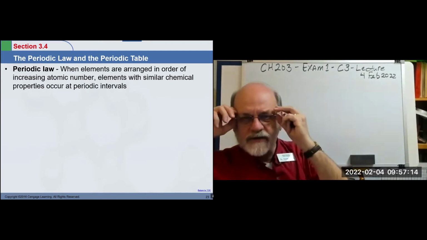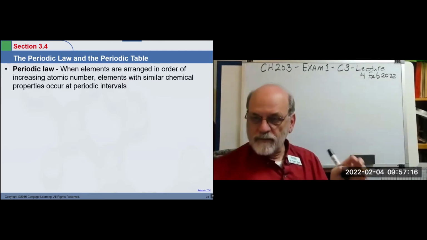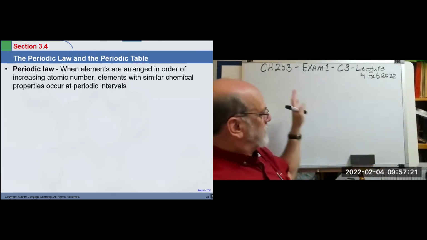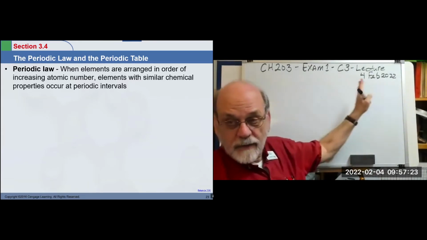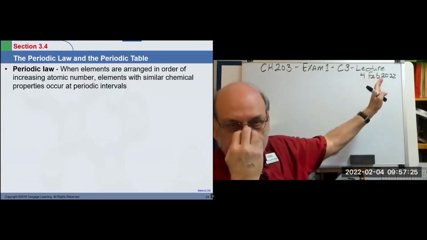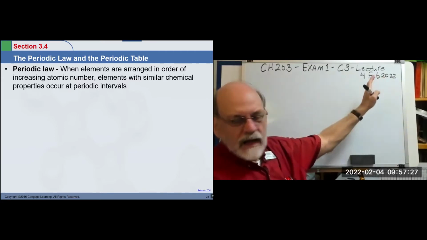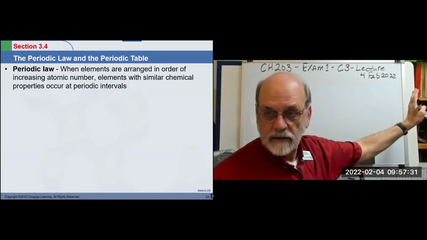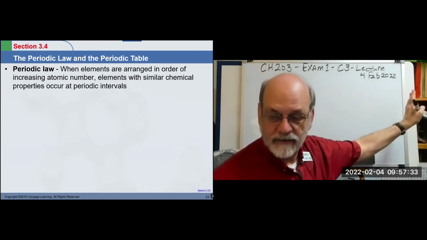So we use that concept with the periodic table, because the periodic table goes from left to right, increasing atomic number and atomic mass. And we keep lining up elements that share chemical behavior.